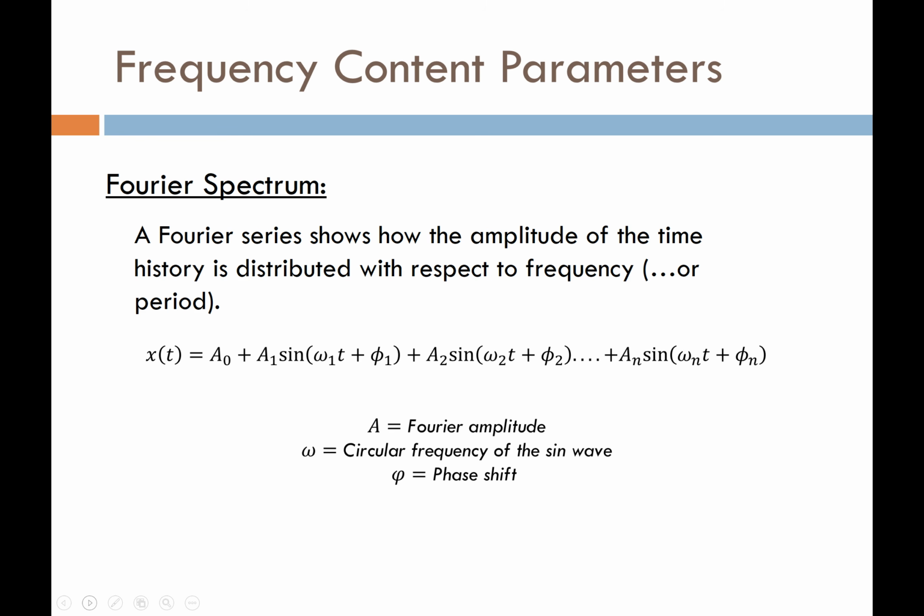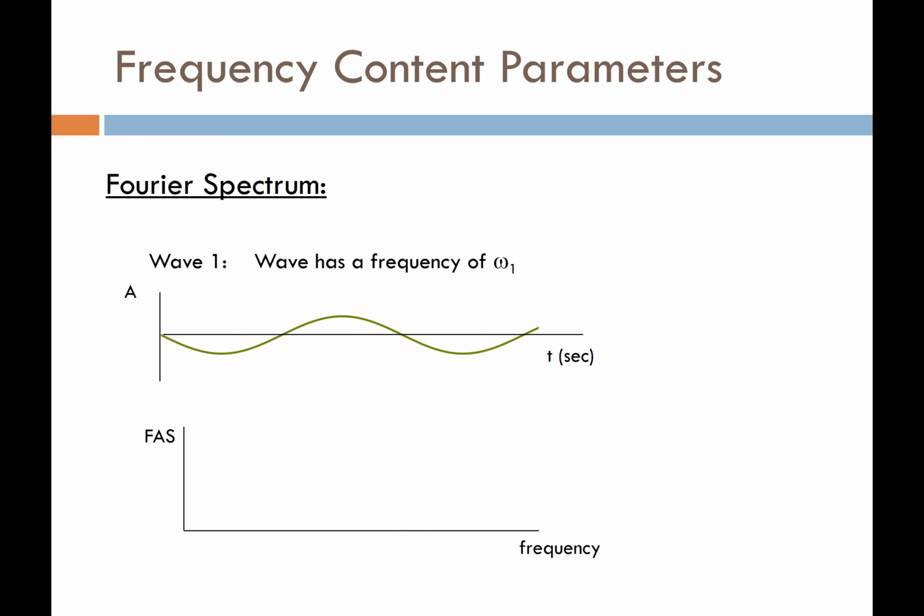Then the Fourier spectrum is basically telling us the amplitude, or how much contribution is coming from each period of the uniform sinusoidal wave. And I know I'm probably speaking Greek to you, so it's easier if I just show you an example.